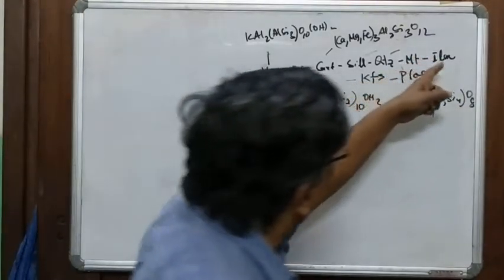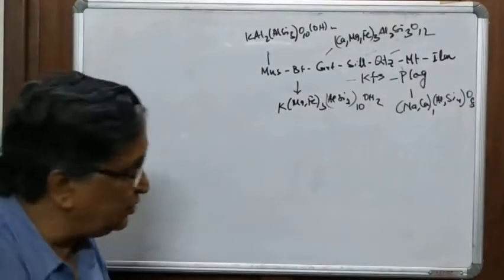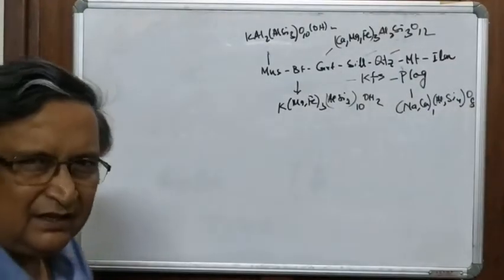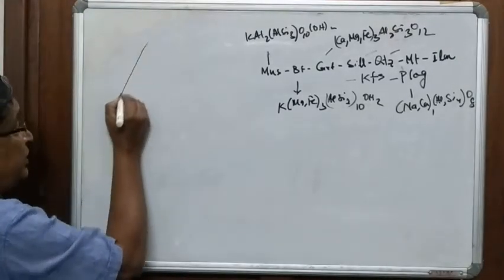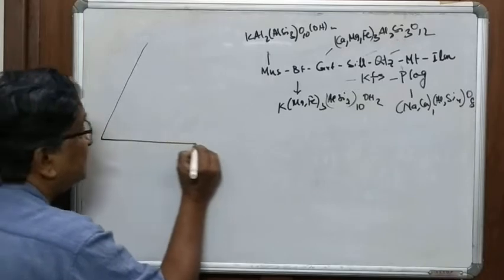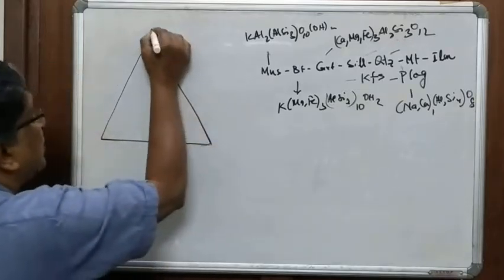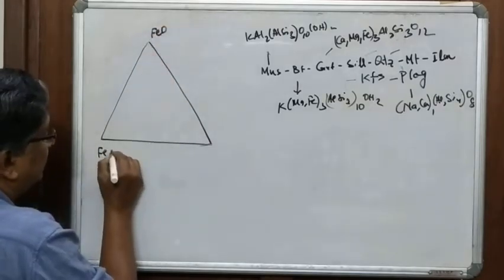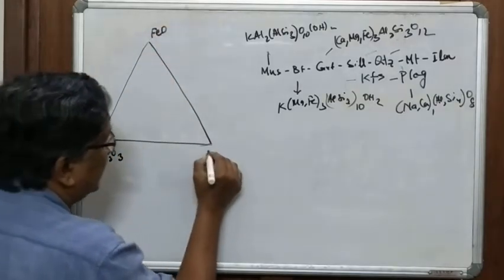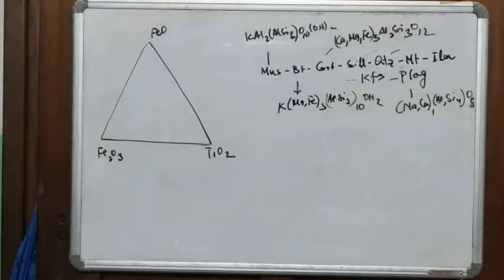Now we talk a little bit about magnetite and ilmenite. I have not talked about it. I think you know about it, but it is better that I introduce you before there is a complication. So you have a triangle, compositional space, where you write FeO, Fe2O3, and TiO2. These are the three components of the system.